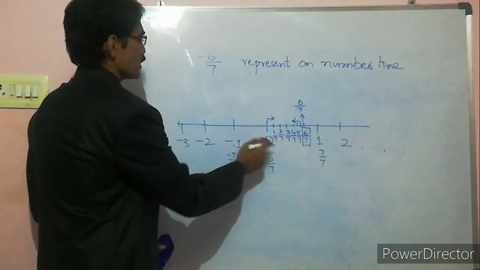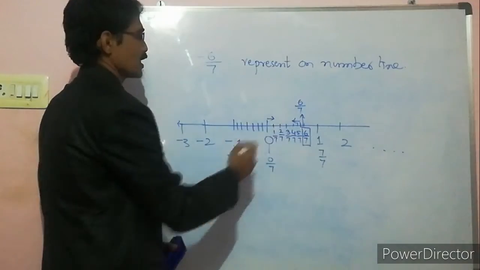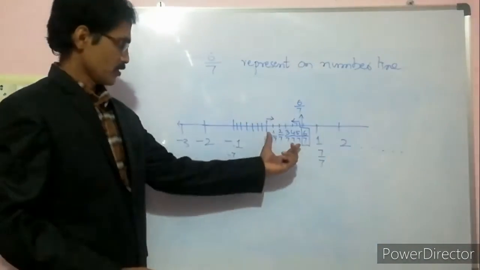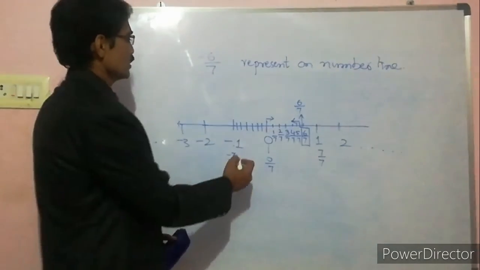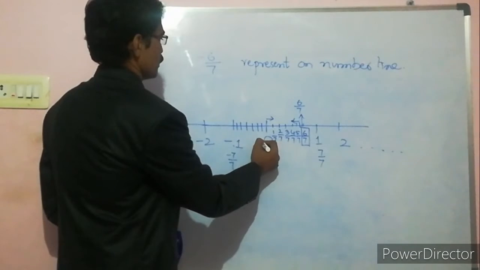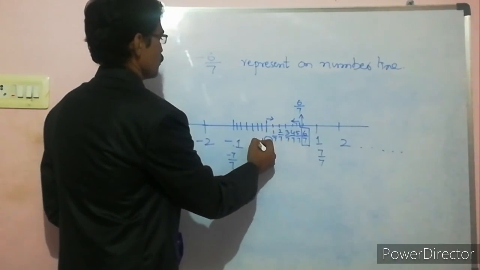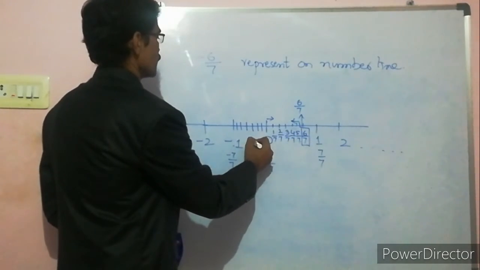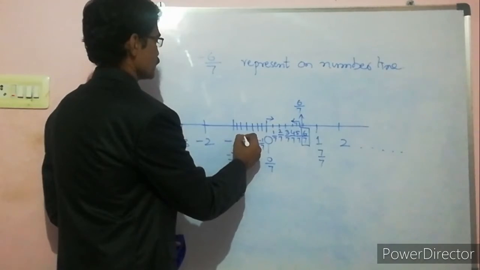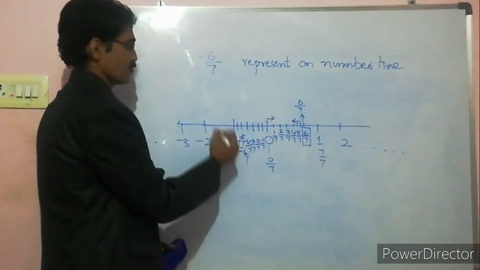Between 0 and minus 1 you make 7 equal parts as you have done previously. So this is 0 by 7, this is minus 1 by 7, minus 2 by 7, minus 3 by 7, minus 4 by 7, minus 5 by 7, minus 6 by 7, minus 7 by 7.